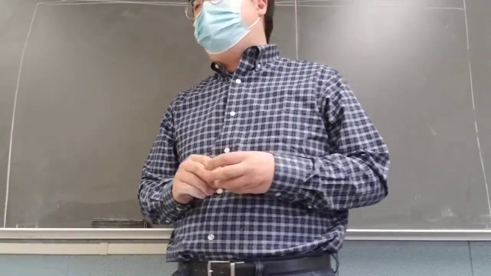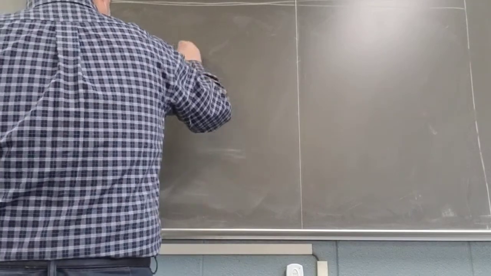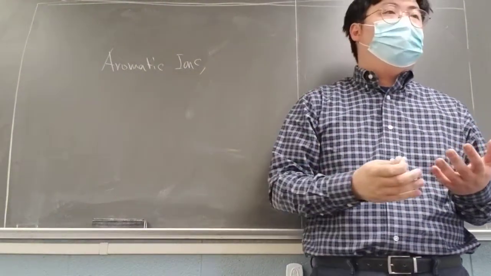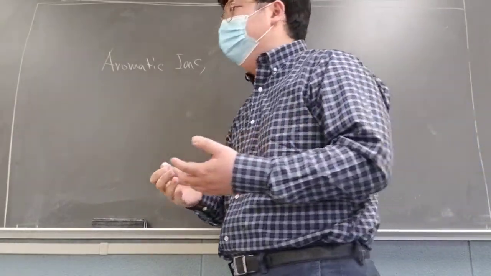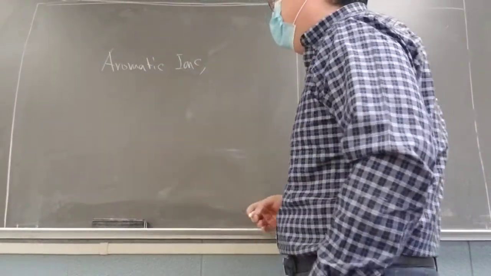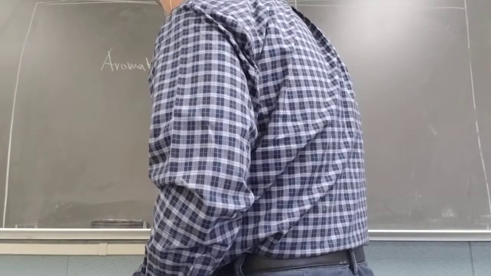So let's talk about a slightly more complicated one, which we call aromatic ions. Not just neutral compounds, but ionic molecules can also show aromaticity. One good example is this one.